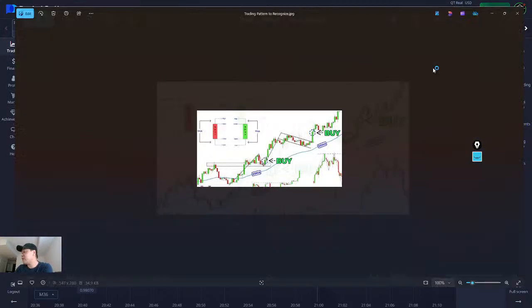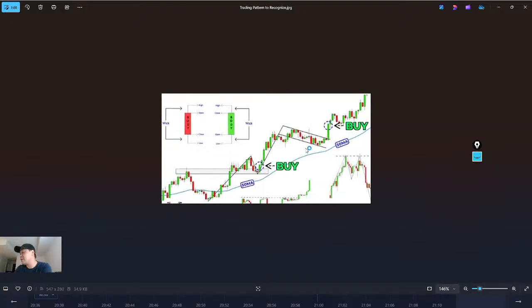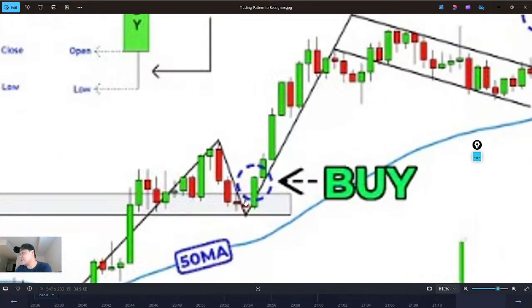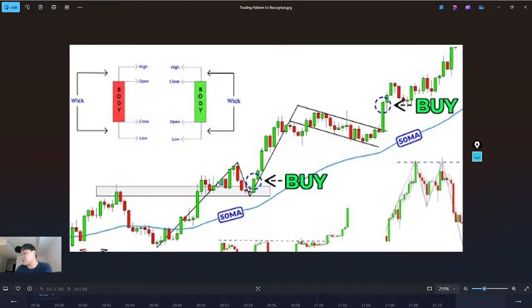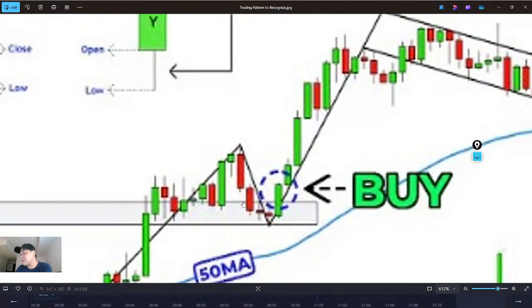So the trading pattern to recognize is this one, right? You see how it broke? It broke the resistance. So hang around, it broke again. I typically would go here. That would be a good point to go in right here.